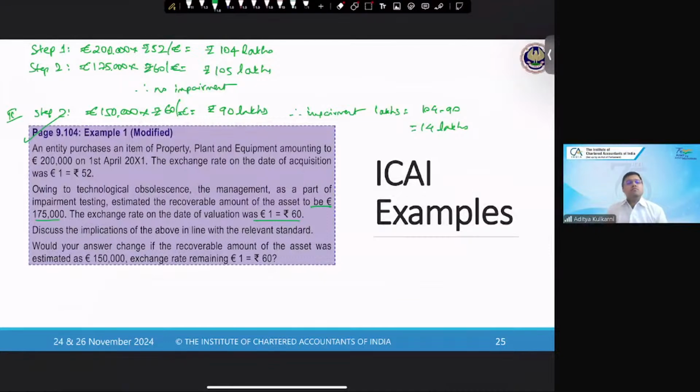Your sentiments are appreciated and it is correct also, but it is not given here. I currently am not testing you on Ind AS 16. This question's intent is not to test you on Ind AS 16.